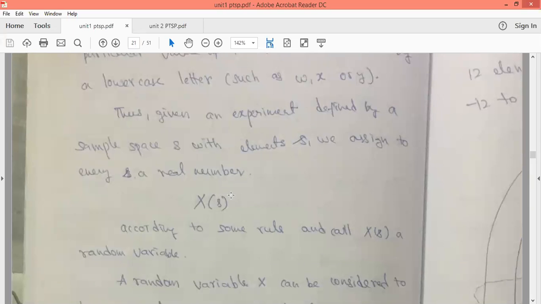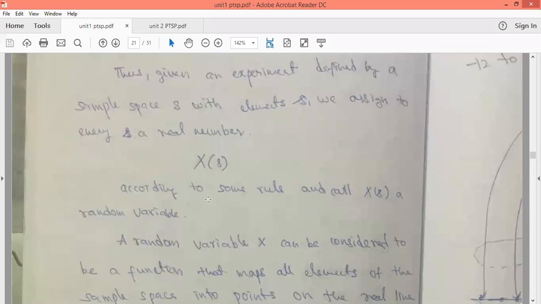What we do here is assign a real number to each and every outcome in the sample space. That assignment is done using X of s, and this X of s is called the random variable. While assigning numerical values to the outcomes of a sample space, we will be using some rules.